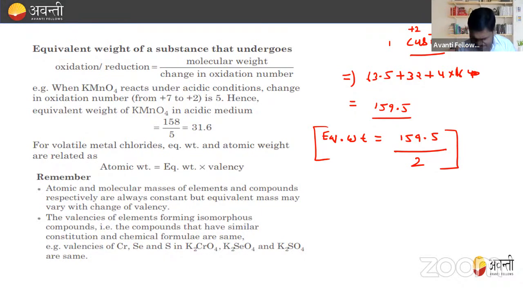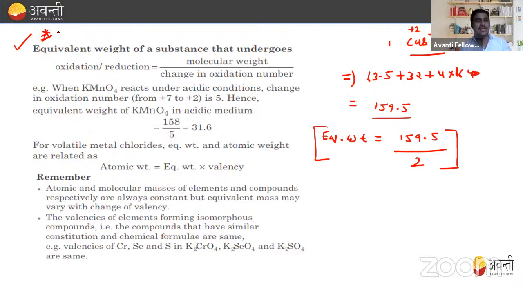So we already saw how to calculate the equivalent weight of an acid, of a base, and of a salt. Now, the next is how will you calculate the equivalent weight of a substance that undergoes oxidation or reduction? This one is very, very important.